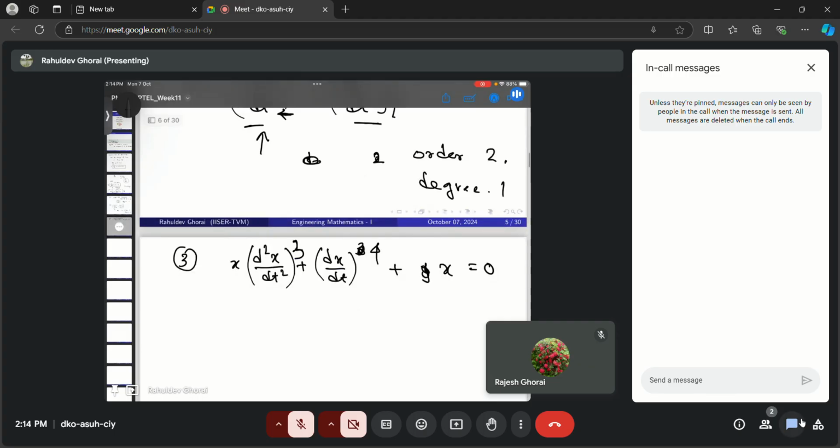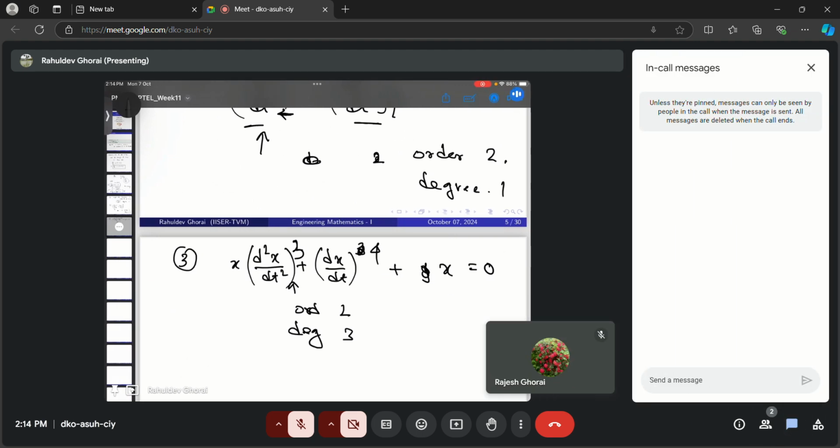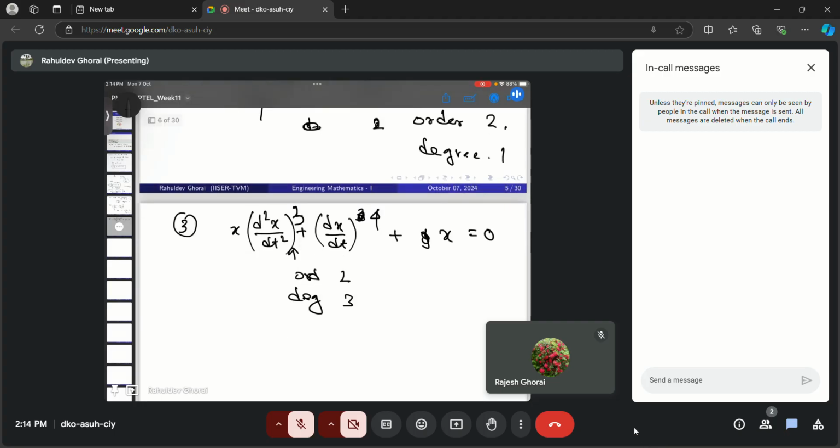The highest order derivative here is 2, so the order will be 2, and the degree will be 3. This is the power of the highest order derivative. The degree of a differential equation is defined as the power to which the highest order derivative is raised. So this is the basic idea of what order and degree of a differential equation are.